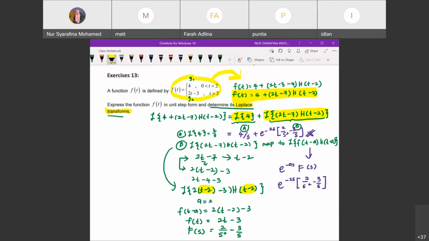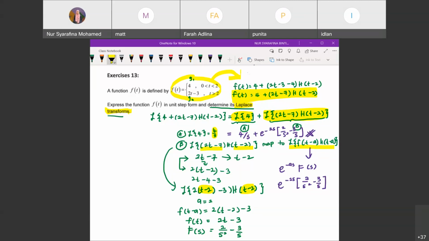Transforming A, 4 here will give you 4 over s. Transforming B here is mapped to f t minus a, h t minus a. But you have to make sure that both functions f and h must consist of t minus a. But here we have 2t minus 7, so we need to do some adjustment.